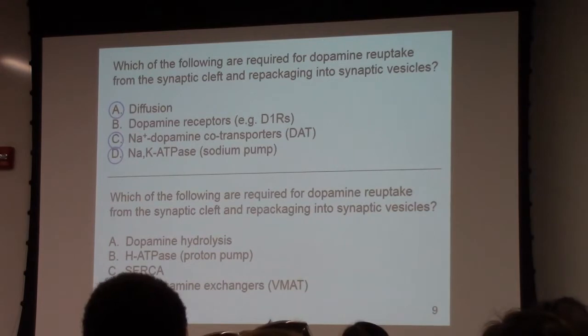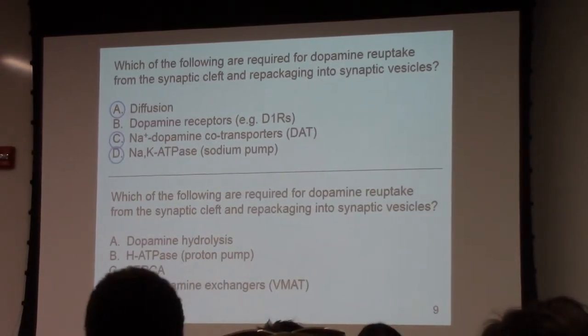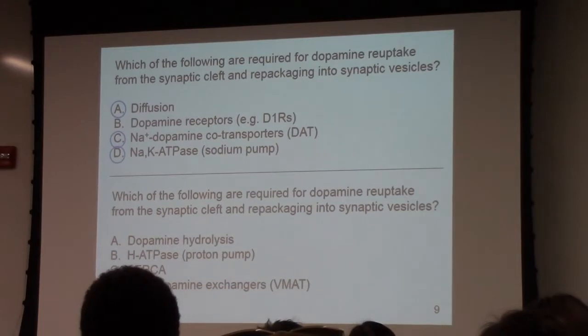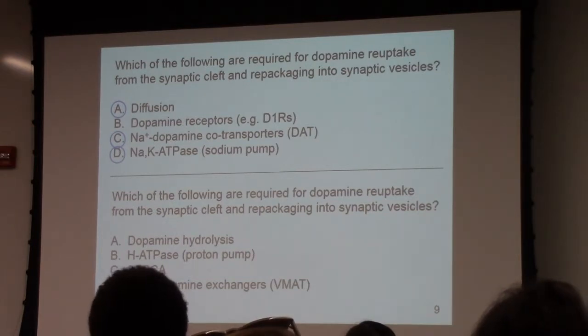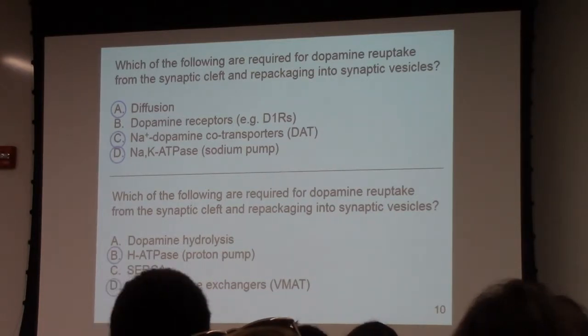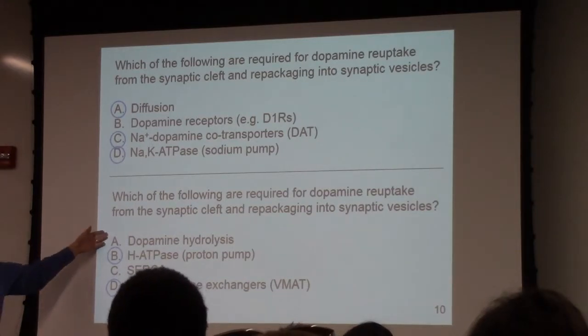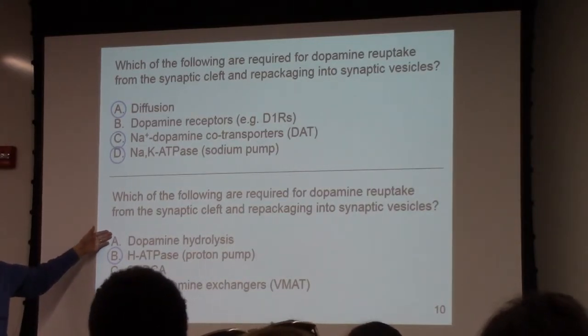Different answers. Dopamine is not a neurotransmitter that is hydrolyzed. Acetylcholine is, but not dopamine.